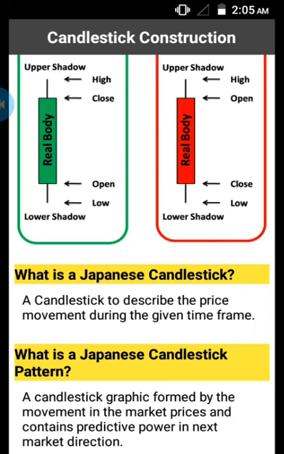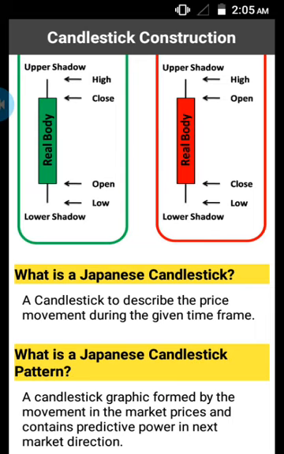Now, candlesticks do form patterns, as bearish and bullish candlesticks form next to each other. They construct a pattern as they go up and down, moving in straight lines and things like that. They are busy constructing what we call a pattern. So you must familiarize yourself with those patterns. What is a pattern? It is a graphic formed by the movement in the market prices and contains predictive power in the next market direction.